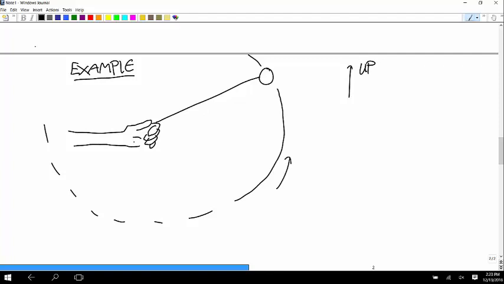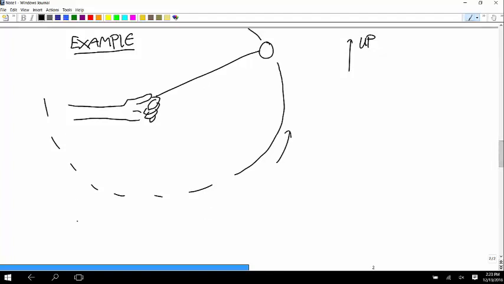And let's say that at the top of the path, the speed of the ball is 4 meters per second.